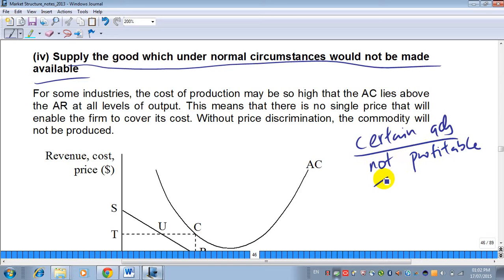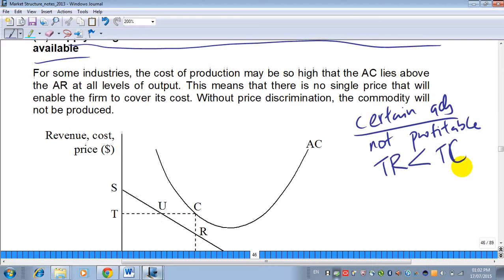The TR is less than the TC. Under normal situations where there is no price discrimination, it is not profitable. But under price discrimination, it is possible that it can be produced because the TR would be able to cover the TC. Now, I'm going to explain to you.